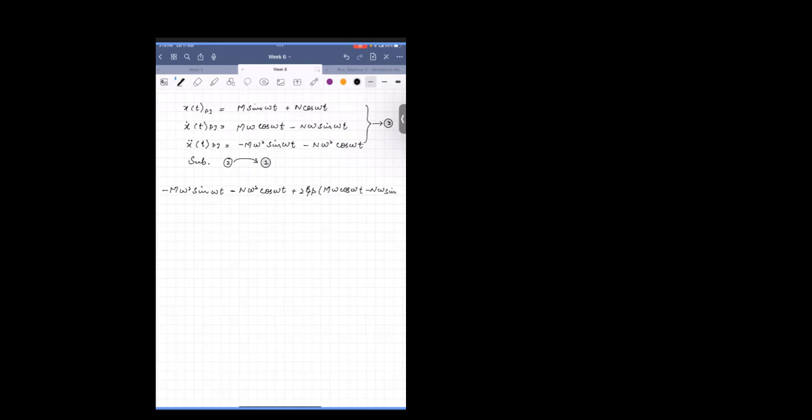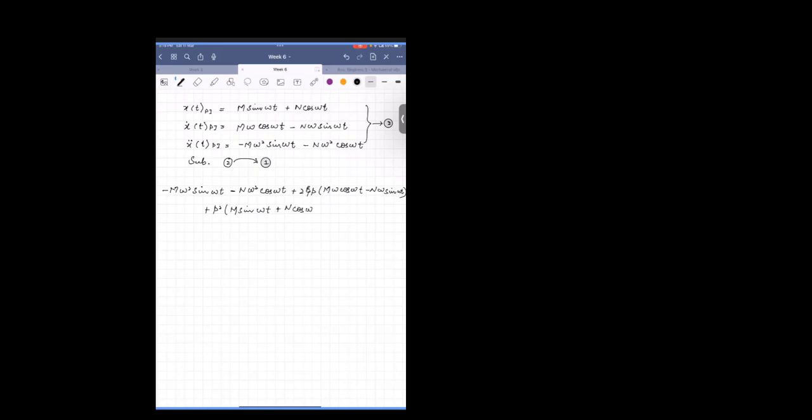Then the last thing is p square times x, and our x already assumed is m sine omega t plus n cos omega t.